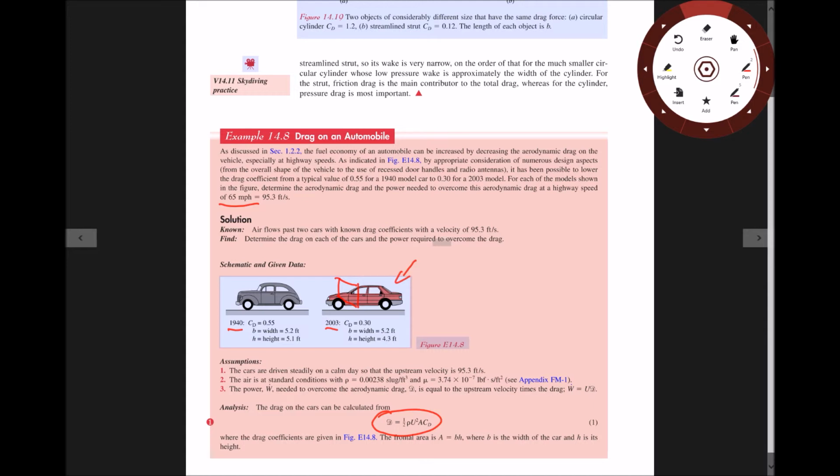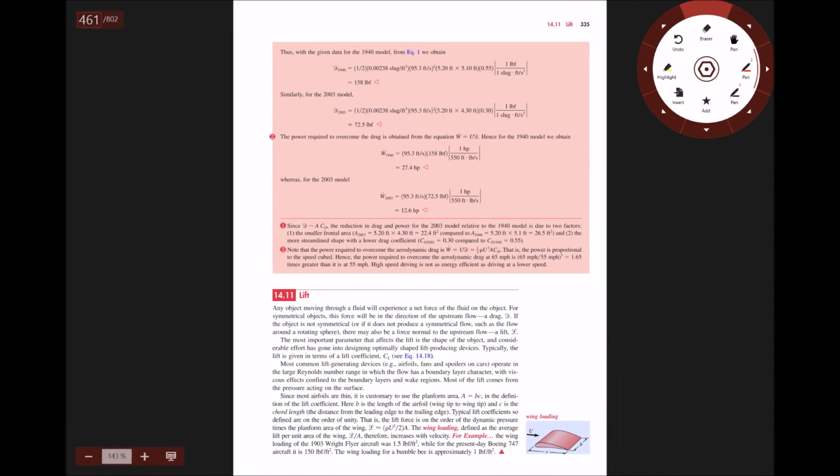But also we notice that this car is taller than the other, 5.1 versus 4.3. The width is the same, but it's taller. So what does this mean? It means also that the area will be higher. So the area will be higher, the CD will be higher, so of course you can expect that the drag force on the whole car will be way higher, and that's what you actually get.